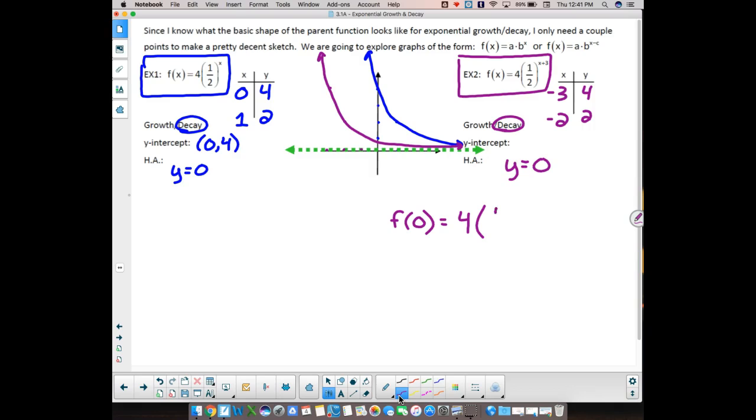That's going to be 4 times 1/2 to the 0 plus 3 power. 0 plus 3 is 3. 1/2 to the third power is 1/8, because 2 to the third is 8. 1/8 times 4 is 1/2. So that gives me the point 0, 1/2.